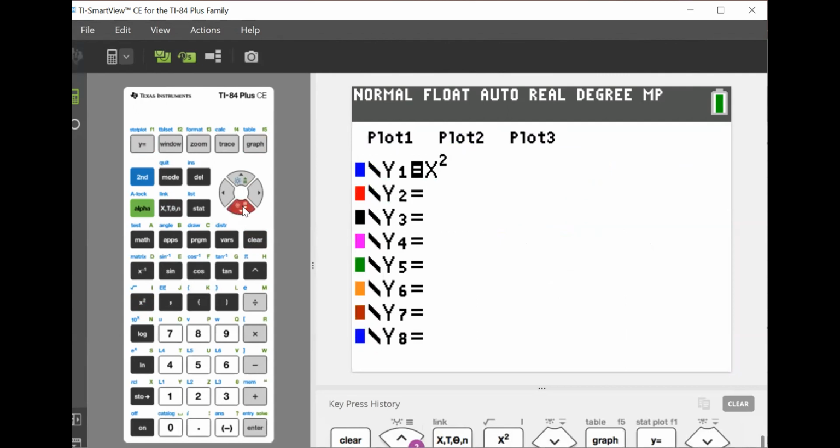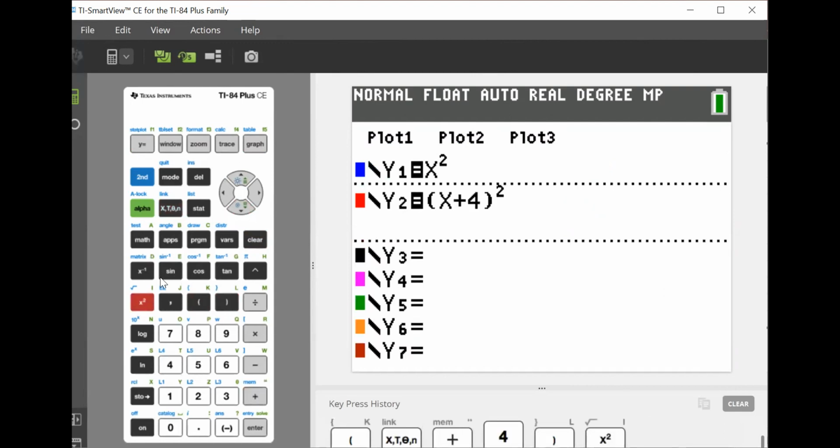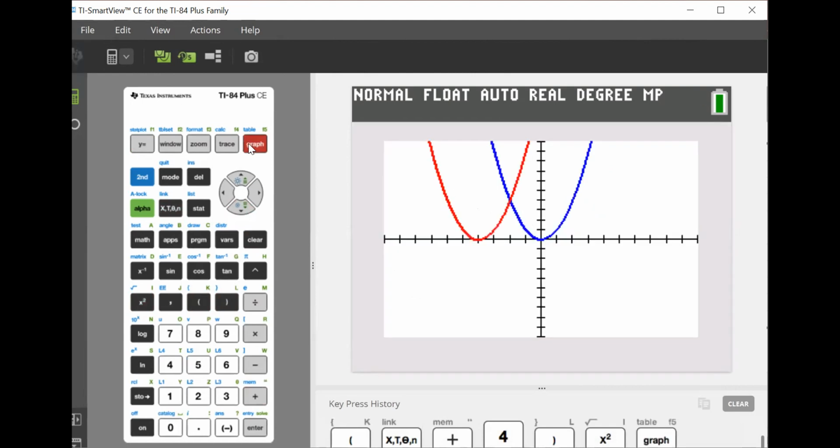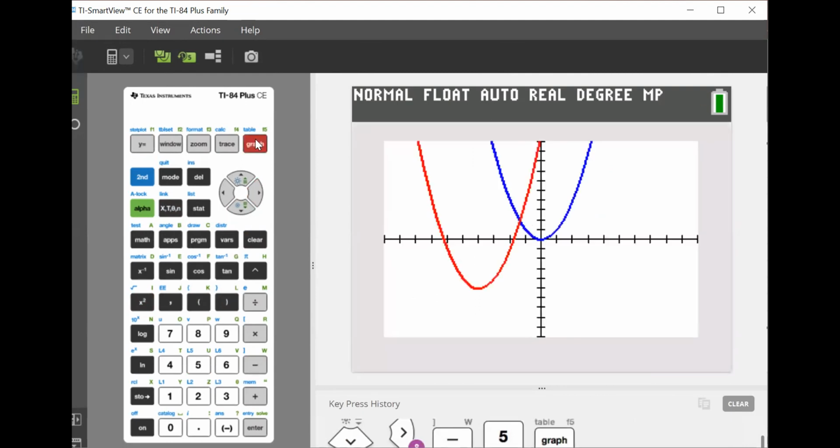We actually want to shift that, and the shift was parentheses x plus 4 squared. Now that left alone would be a left 4 units, but we actually want to now shift that whole thing down 5. So we're going to subtract 5 on the outside of the function, or outside the parentheses, and that would take the whole thing left 4, down 5.